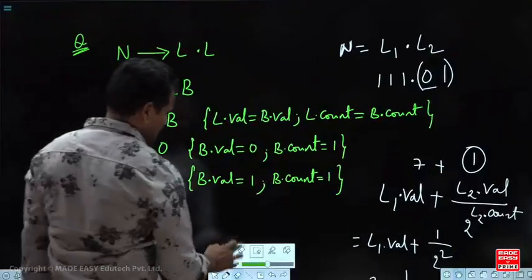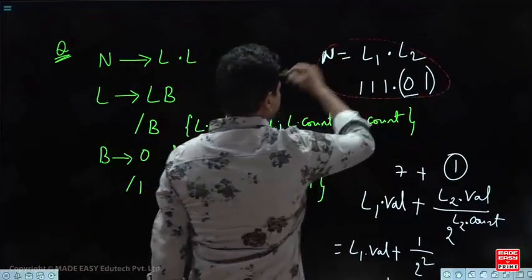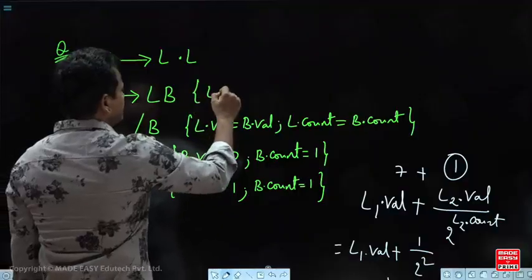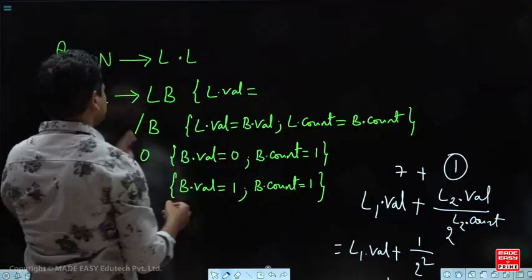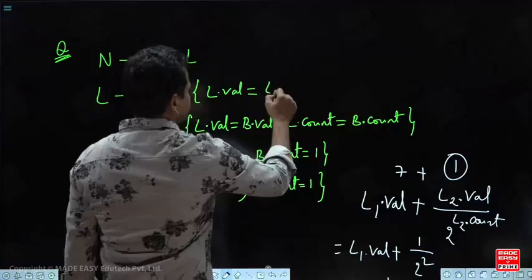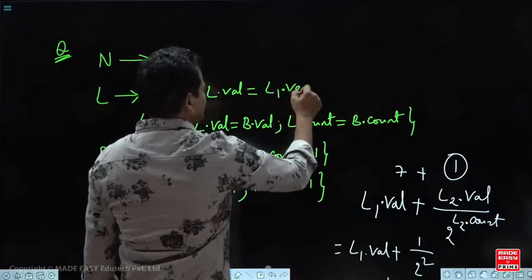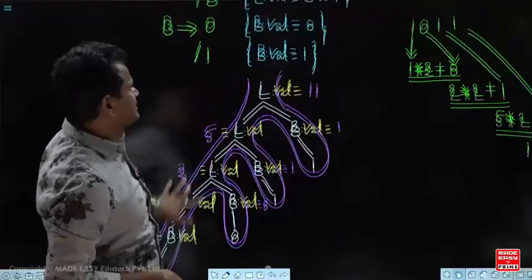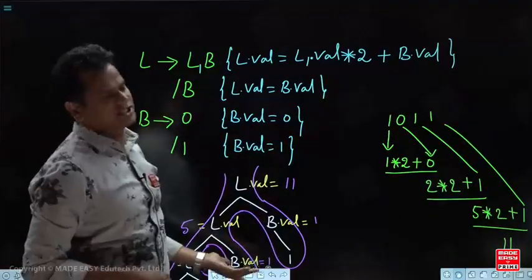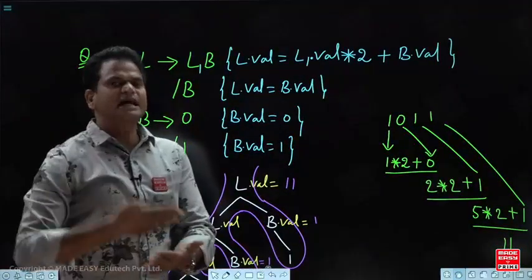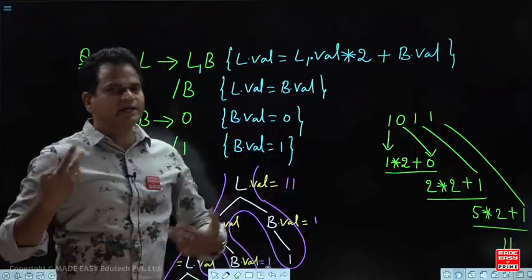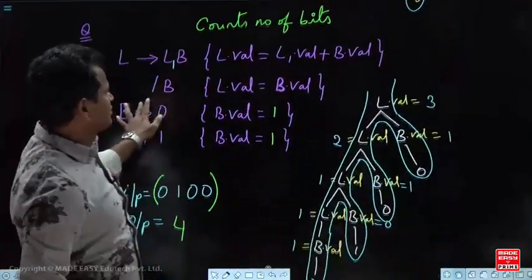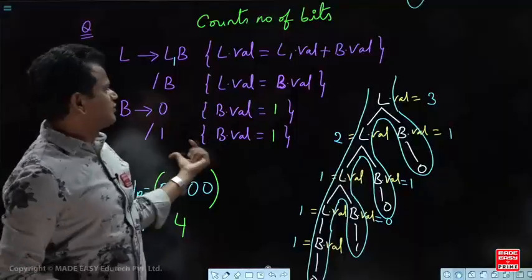here this is the main one, the next part is main. Now here L dot value equals, you know, L1 dot value. See, I am not doing anything new: the same grammar and the same actions I am writing, the only thing is I am adding the counting of the number of bits, whether 0 comes or 1 comes.